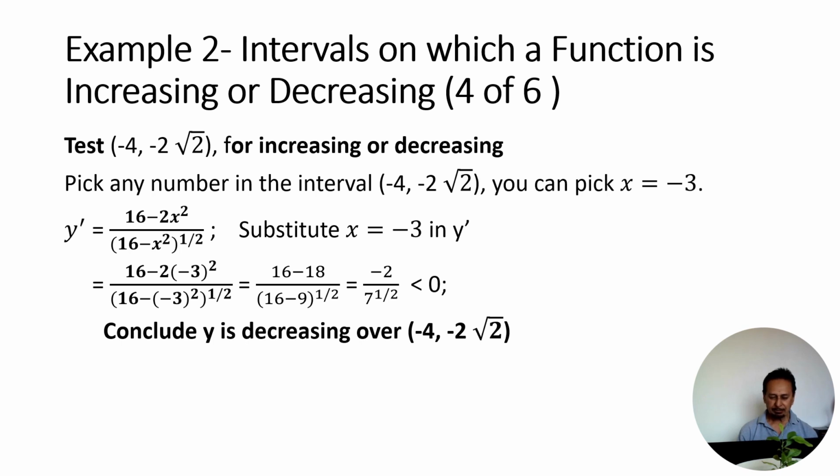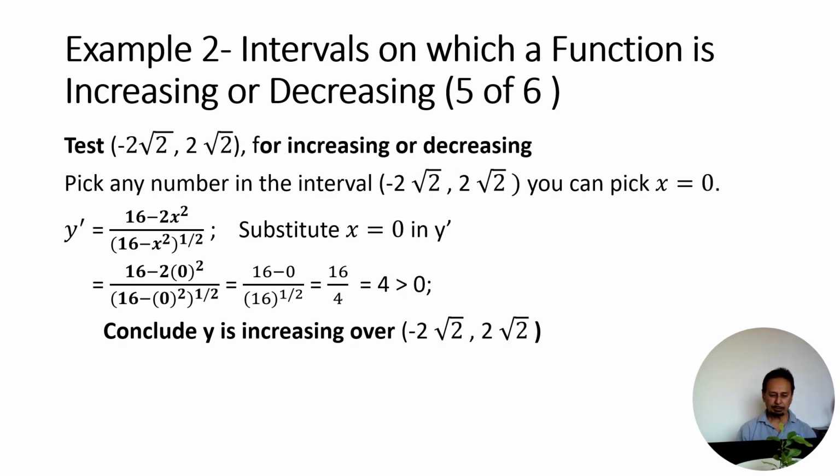And this becomes 60 minus 2 times negative 3 squared over 60 minus negative 3 squared to the 1/2. So this becomes 60 minus 18, and 60 minus 9 is 51 to the 1/2. Now this is negative, so we can conclude y is decreasing over negative 4 comma negative 2 square root of 2.